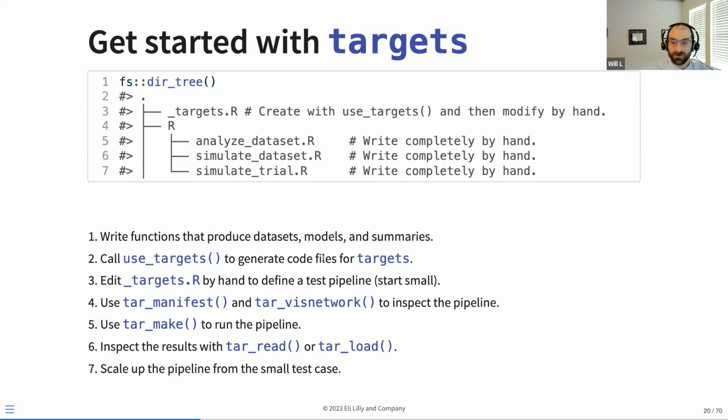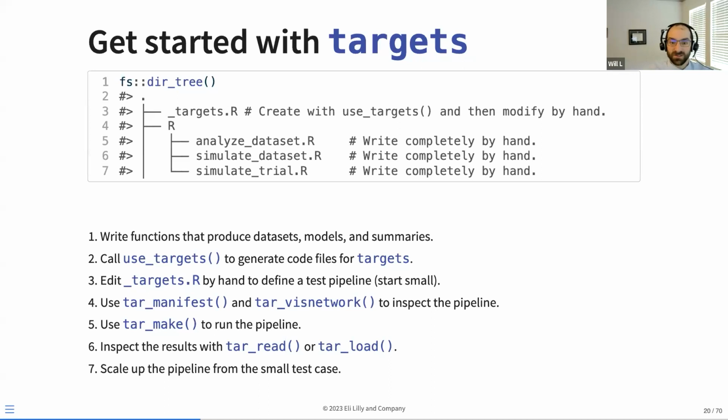After the use_targets function creates that, you'll, like I said, edit it by hand. It's a really good idea to write a small test pipeline just to make sure things are working correctly before you scale to thousands of simulations or hundreds of workers on a cluster or on AWS Batch, for example.